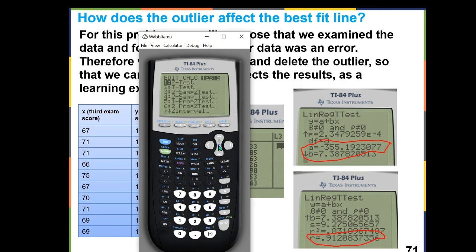We're going to do the linear regression t-test one more time and calculate. There. And if you go to Y, you see there's a new one, right? We don't really need this anymore. We can turn it off, but we can have it as well, doesn't matter. So let's go to graph. That's our new linear regression. And now we don't have outliers, of course. You see, there are no outliers.